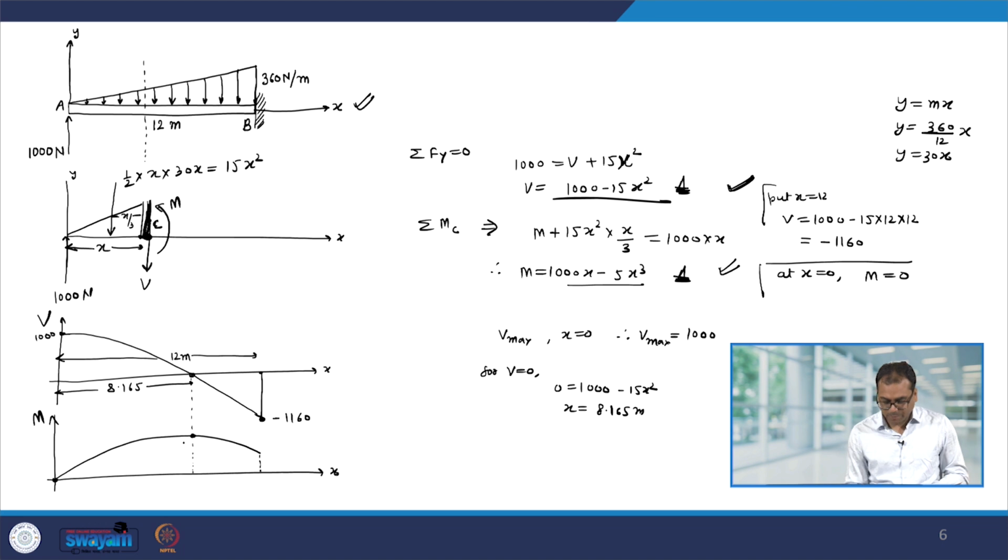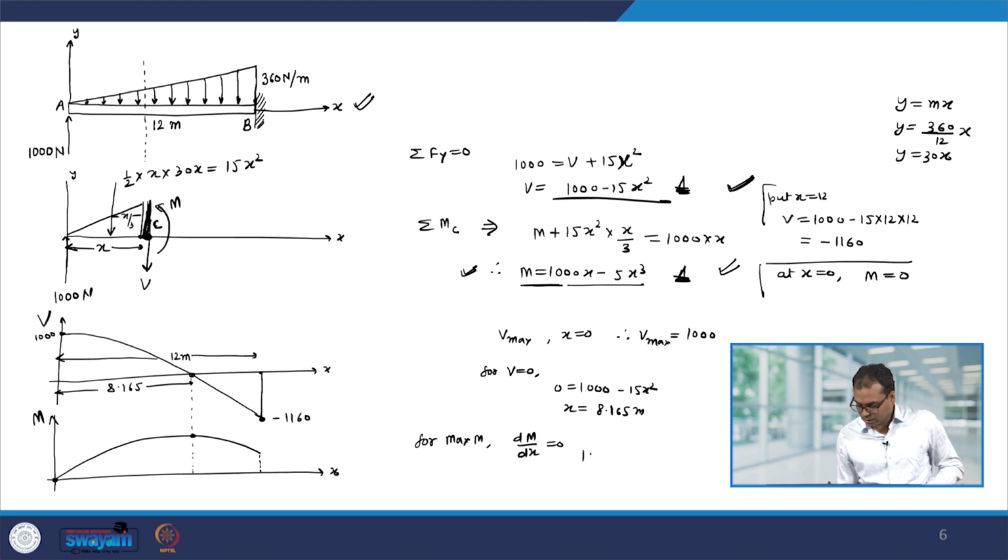Now, let us see what is the maximum value of m. For that we have to take this equation and differentiate it with respect to x, put that equal to 0, that will give you the point of maximum m, and then you can find out the maximum value of m. So, let us do that. For maximum value of m, let us say dm by dx equal to 0.